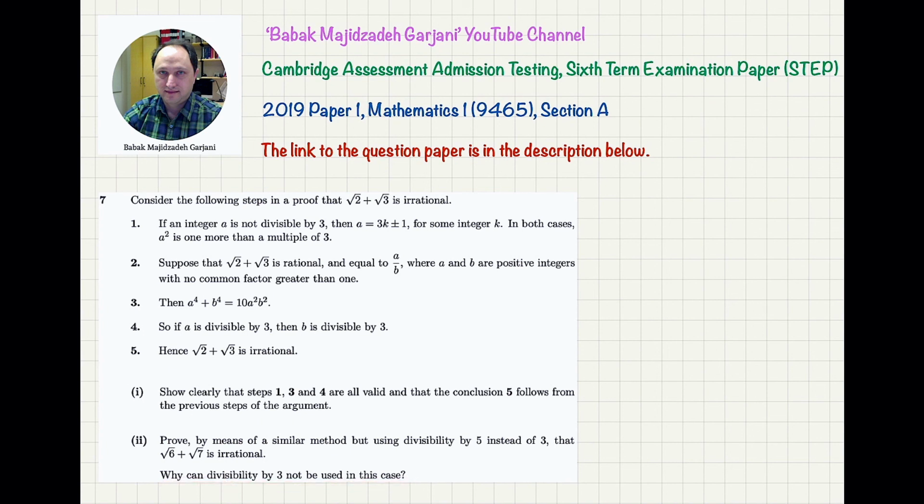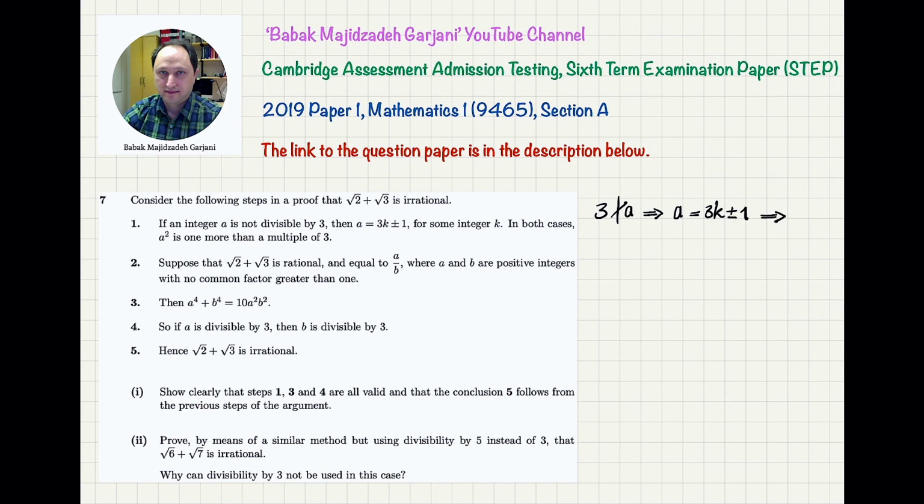Why can divisibility by 3 not be used in this case? Okay, assume that you want to use the divisibility by 3. So let me just remind you of what we have so far. We learned that if 3 does not divide a, then a is 3k plus or minus 1 for some integer k.